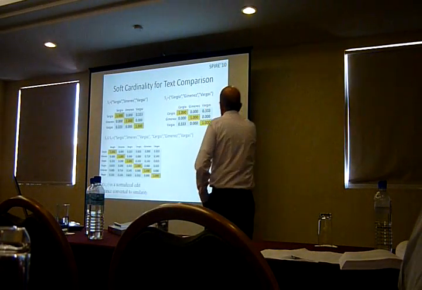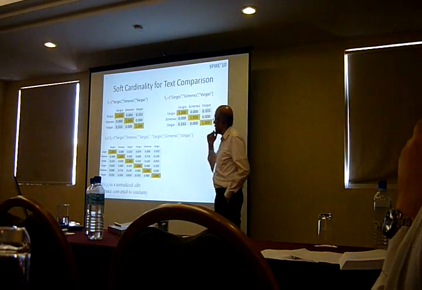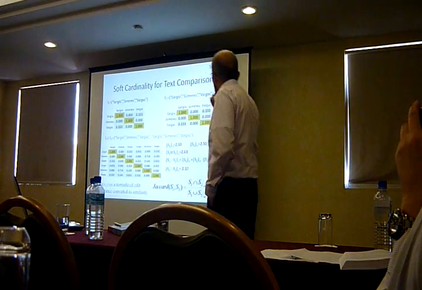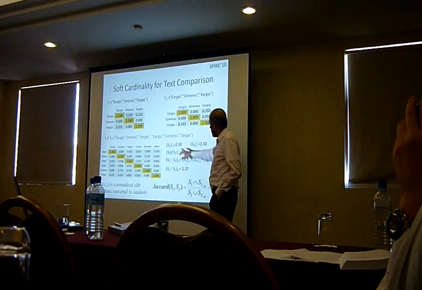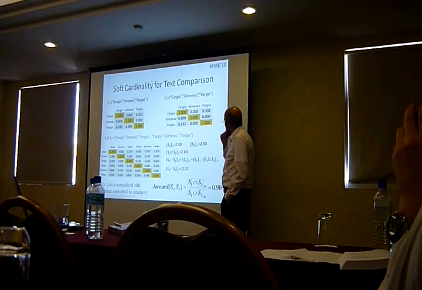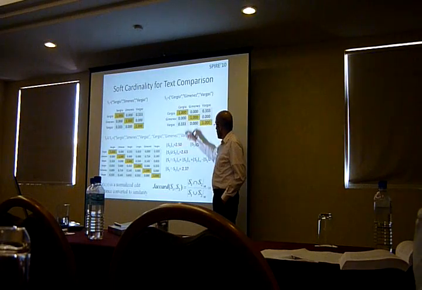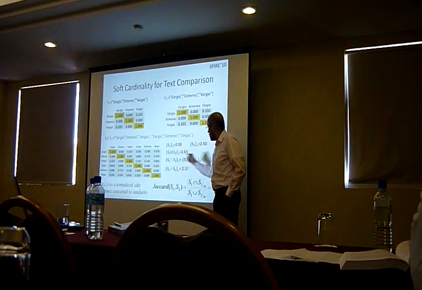We can get our similarity affinity matrices, and we use alpha to compute the soft cardinality, and finally we get the cardinality of the first set, of the second set, and the union.